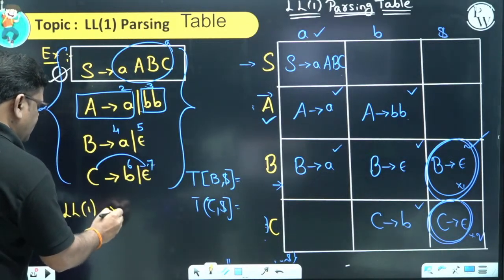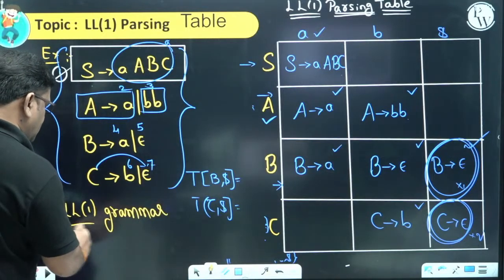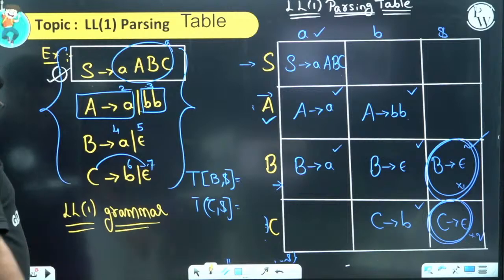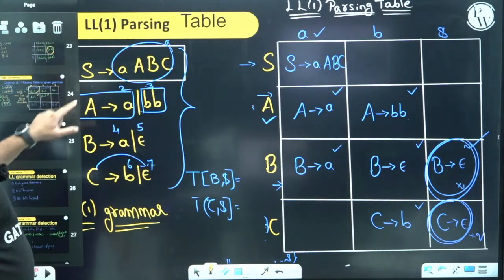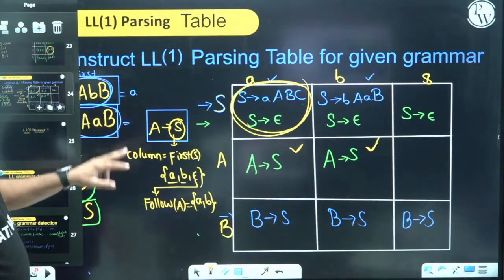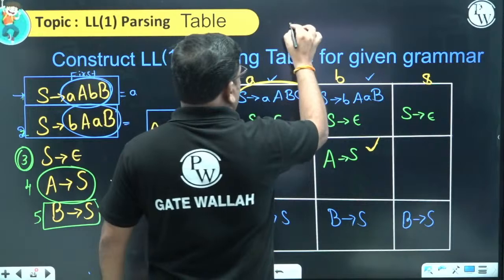This is a common question we can expect. This grammar is called LL1 grammar. Whereas for the previous table we constructed, if you want to name that grammar, it is not LL1 grammar.